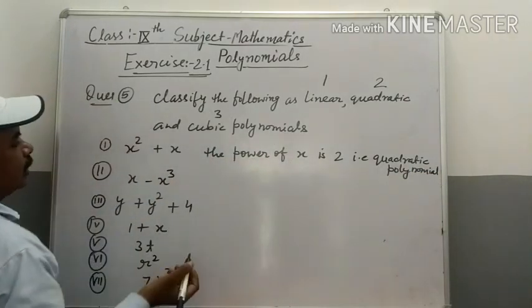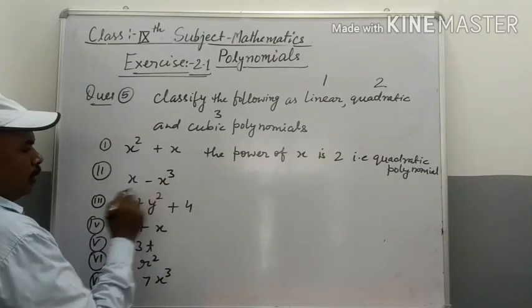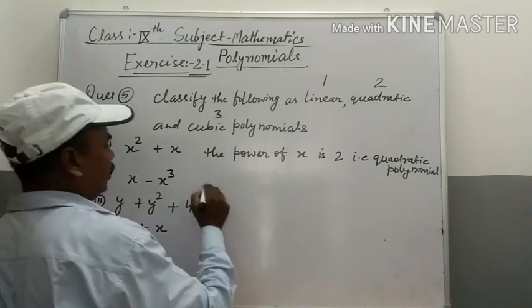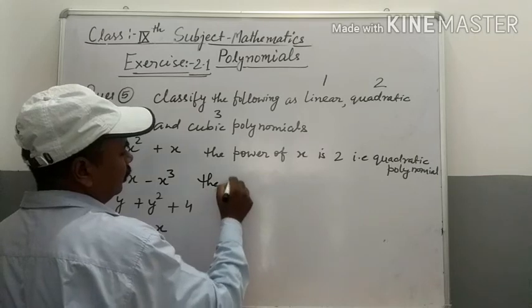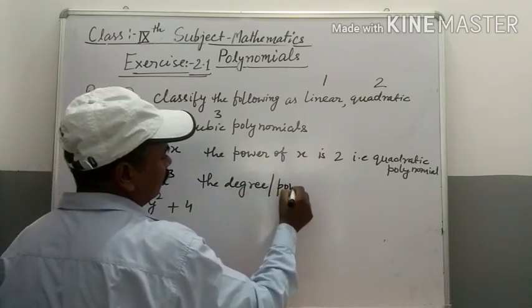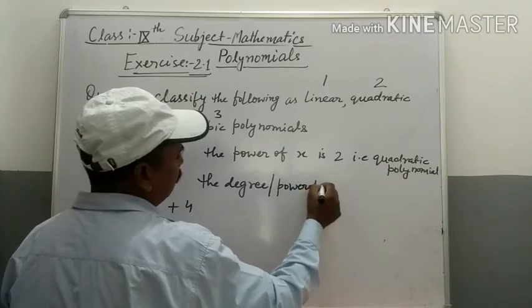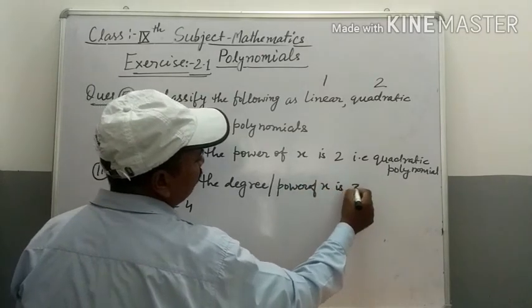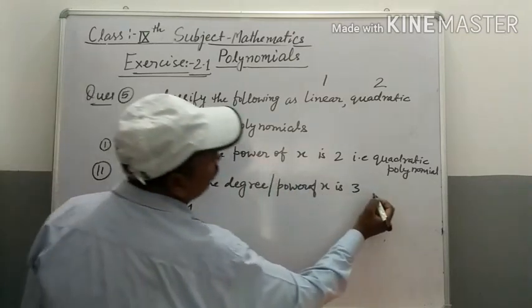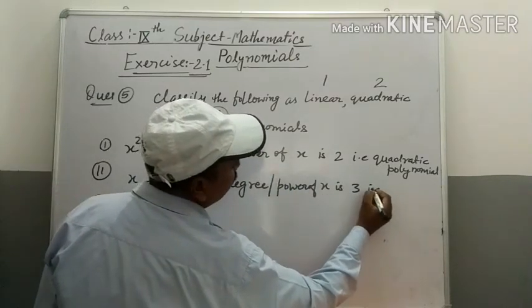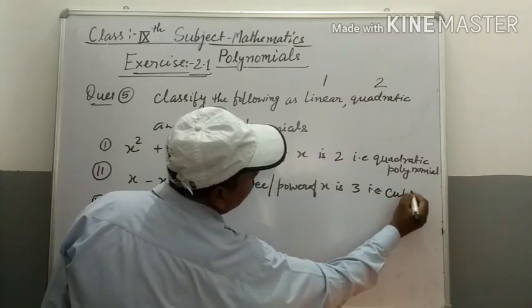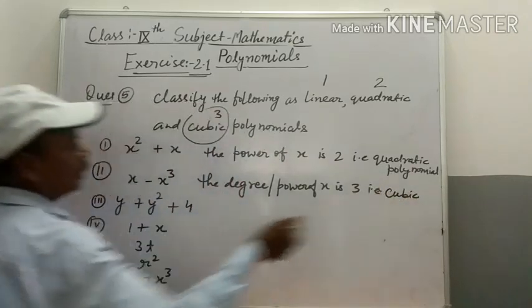And you can see simply, this is the power of polynomial, that is 3. The degree, power of x is 3. Students, if power is 3, that is cubic polynomial हो गया.